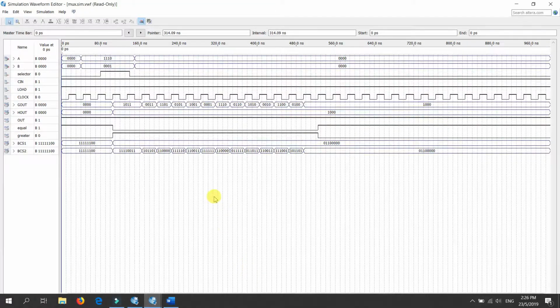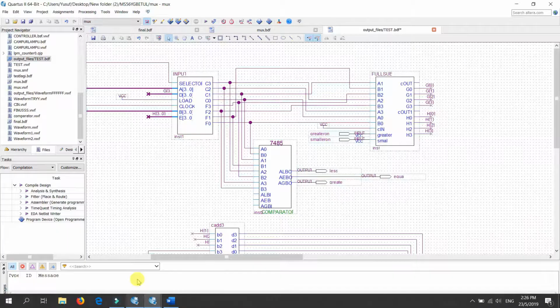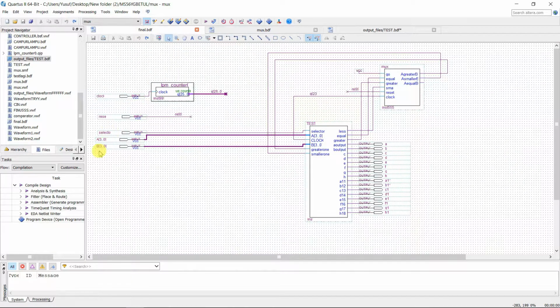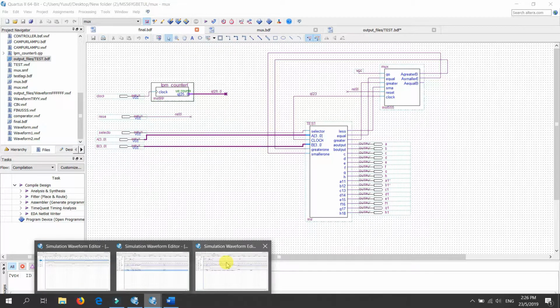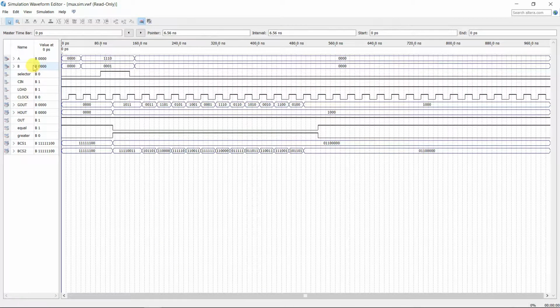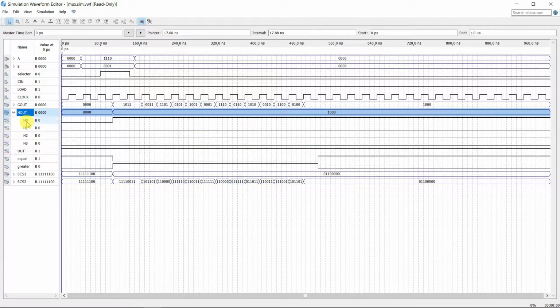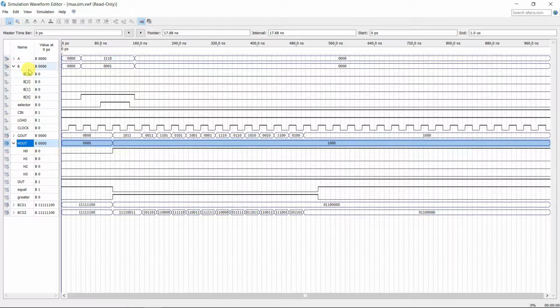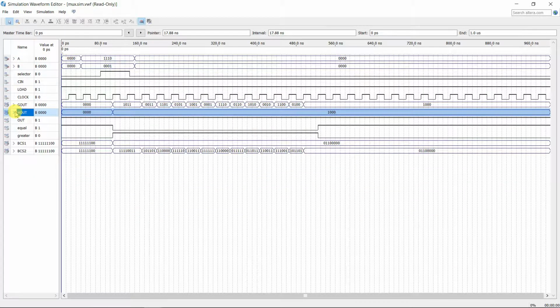So for the final circuit, like this one, we have two inputs, one selector, one reset, and one clock, and also G and H for debugging. We give A as 1110, B as 0001, then we give the selector high, so it will go through G. H is counting in reverse, and B is from here, so it's reverse.